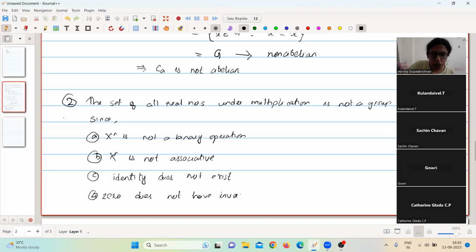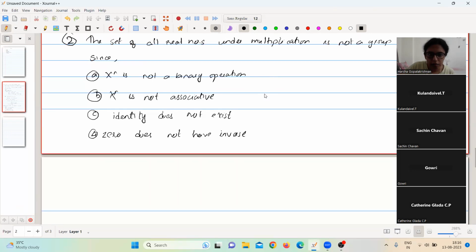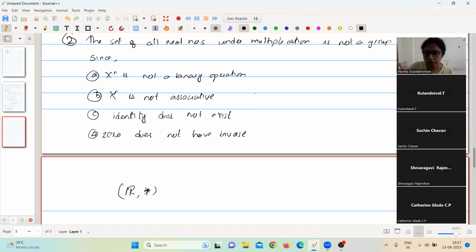So, which one is the answer here? The question is, we are taking the set of all real numbers under multiplication, that is R with the multiplication. They are saying it is not a group, and if it is not a group, one of the conditions of the group should not be satisfied. Which option is correct here? 0 does not have an inverse is the correct option here, ma'am. Yes, 0 does not have the inverse.